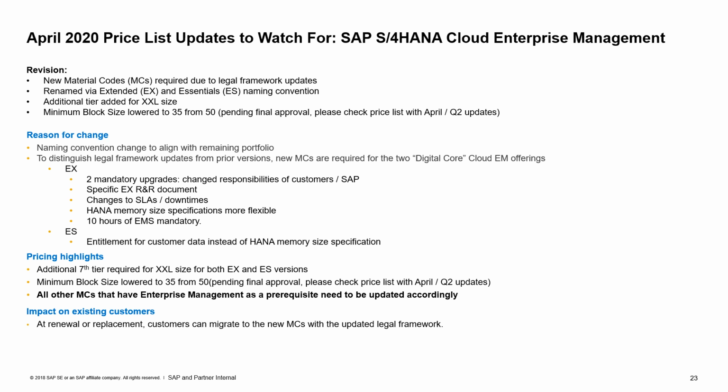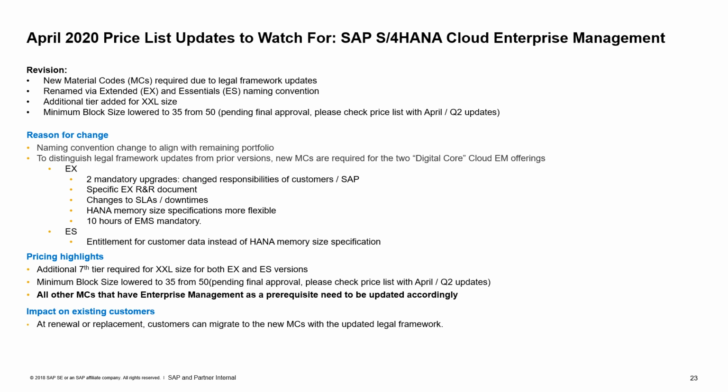New material codes are required for the two digital core cloud enterprise management offerings. Namely, for Extended Edition, we now offer and require two mandatory upgrades and the changed responsibilities of customers and SAP as part of this. There's a specific Extended Edition role and responsibilities document that goes with the contracts.